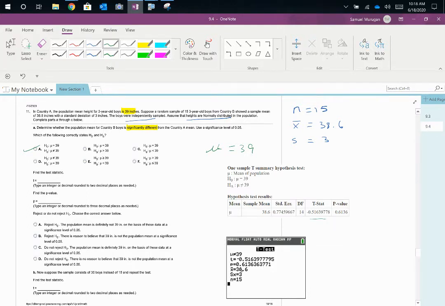Okay, negative 0.52 and negative 0.52. So the t-stat is negative 0.52. And we see from both of these that, to 3 decimal places, the p-value is 0.614.